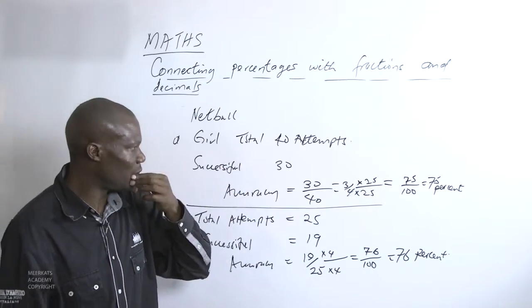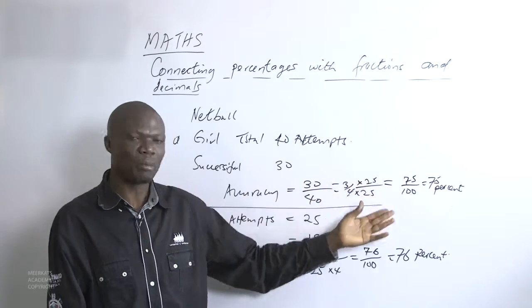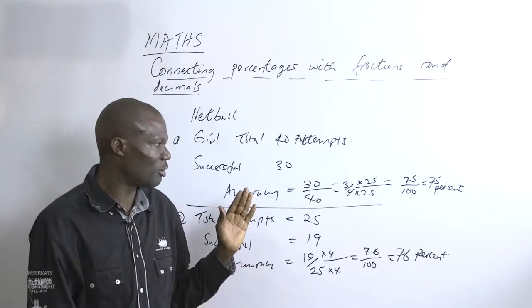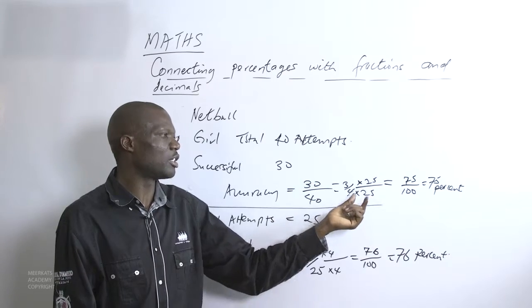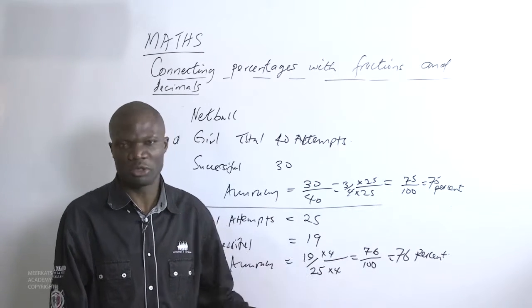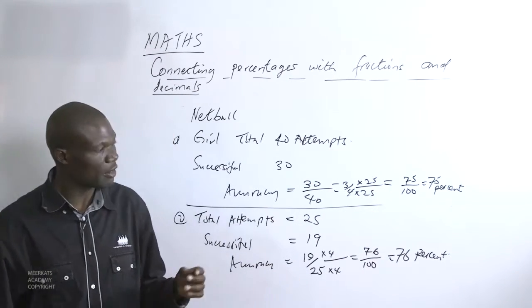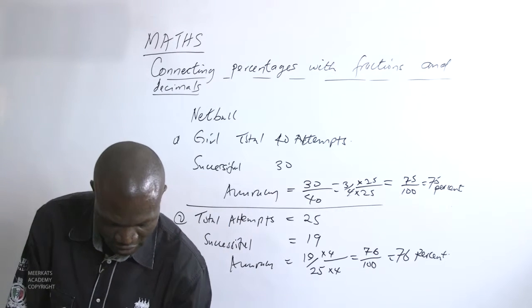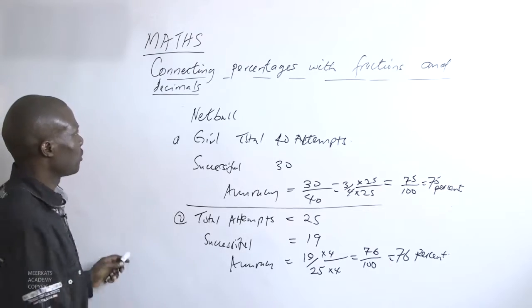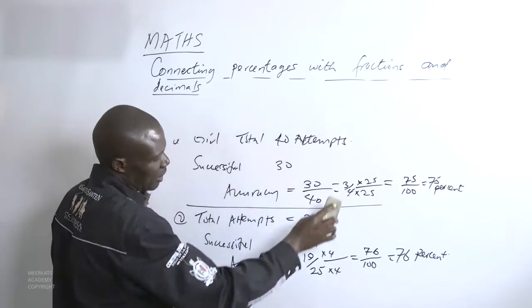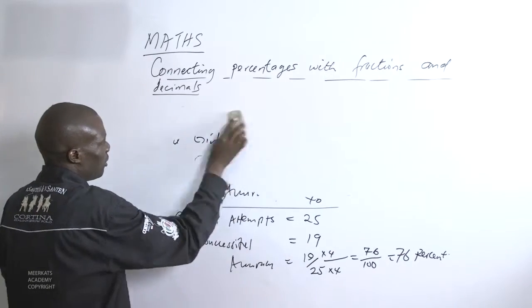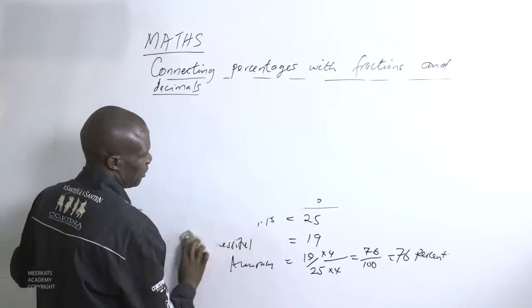So when you express a fraction as a percentage, it is very easy for a student to compare two results. That is how important percentages are. So let us now go into detail and understand what a percentage is and how it is applied.